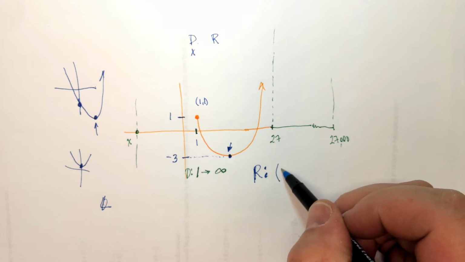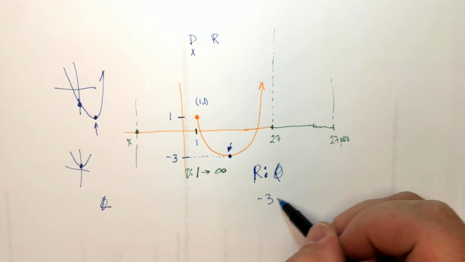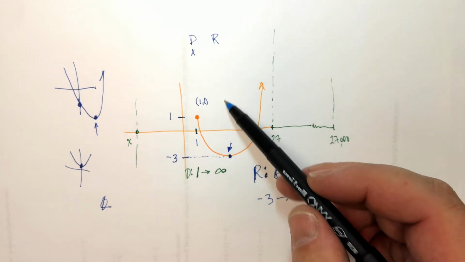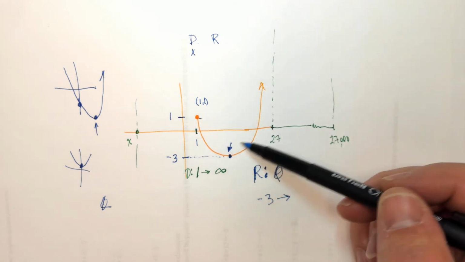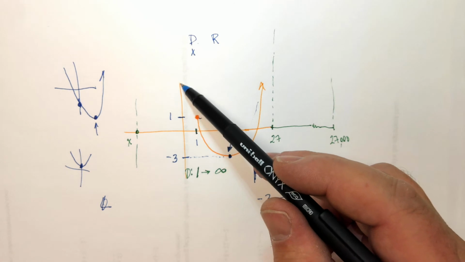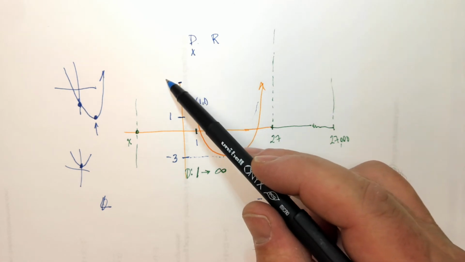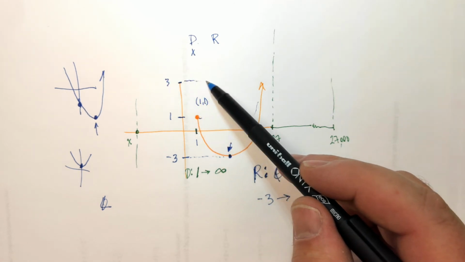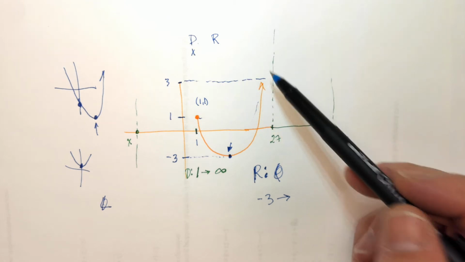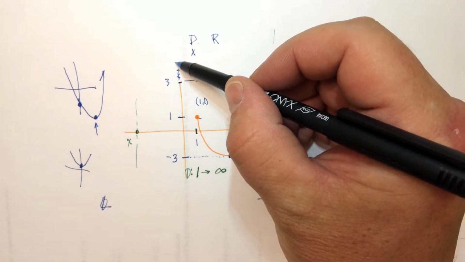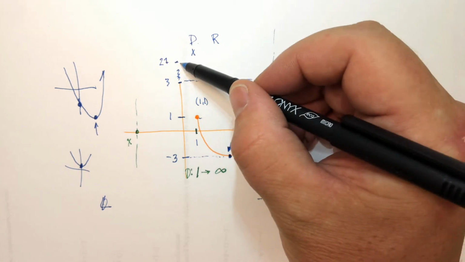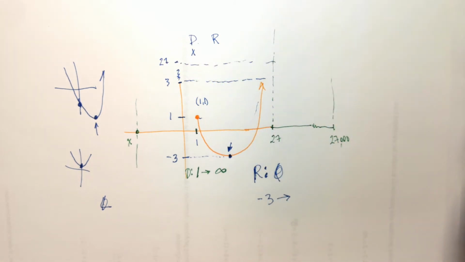So this starts at -3, and then it just goes up, and it keeps going up forever and ever. On this side it stops at 1, but over here it keeps going up forever and ever. So you could draw like say this was +3, you could go over, and eventually it would cross. And you could draw all the way up, say like this was 27, eventually it would cross.